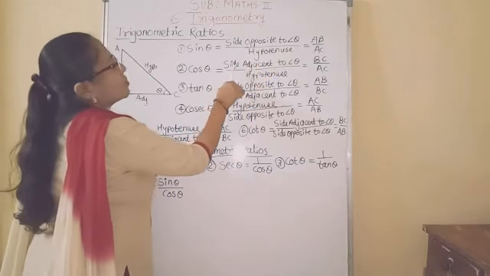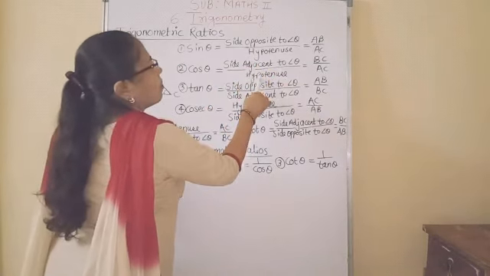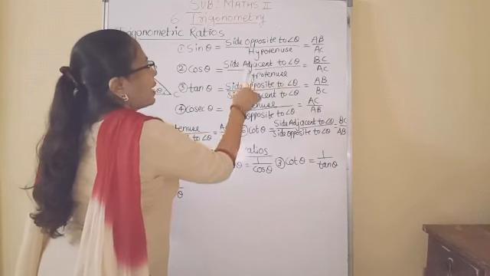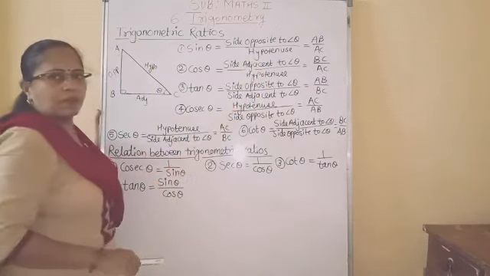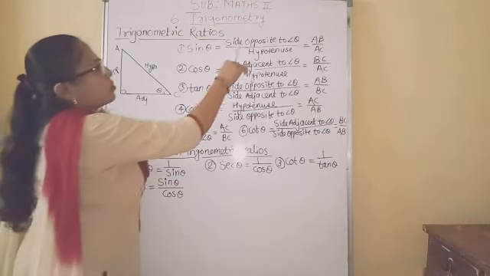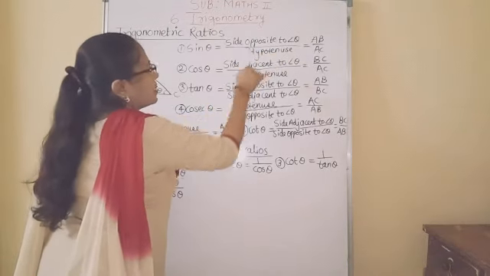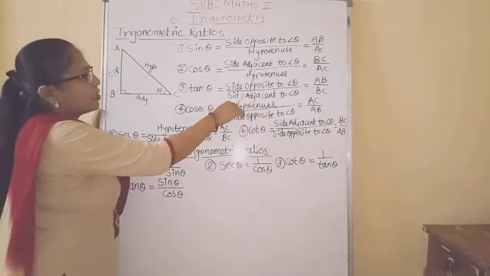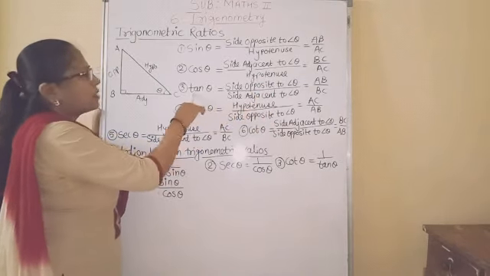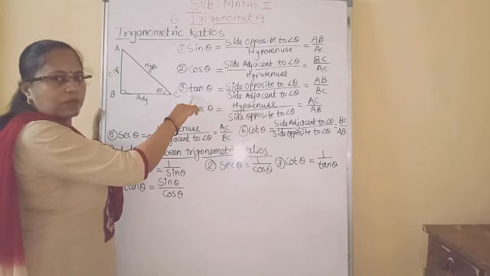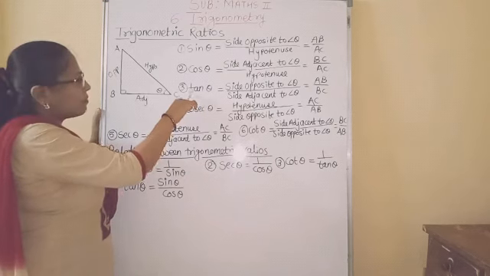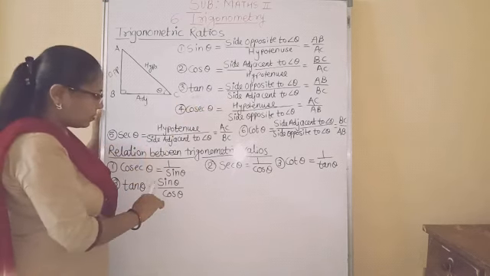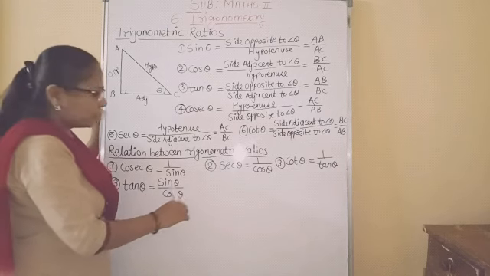Cos theta is equal to side adjacent to angle theta upon hypotenuse. If you divide these two ratios, you will get side opposite to angle theta upon side adjacent to angle theta, and this ratio is the tan theta ratio. Understood? Followed? So this way we got tan theta is equal to sin theta upon cos theta.